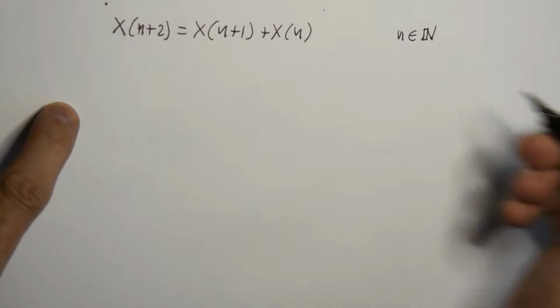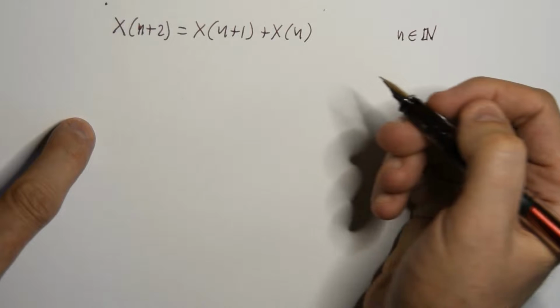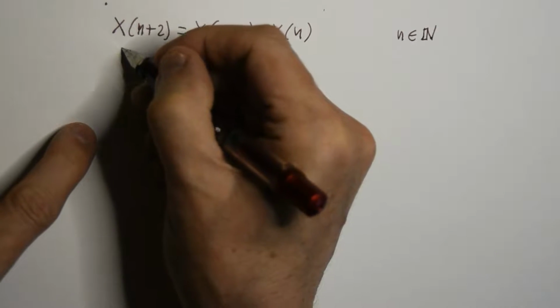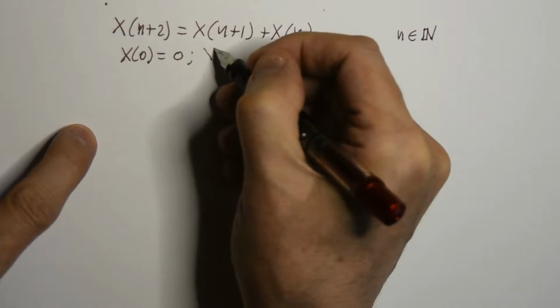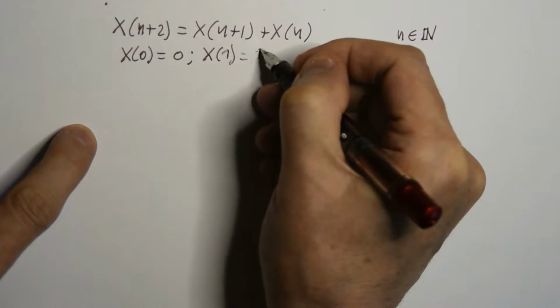Let's fill out some examples based on a few initial conditions. So let's assume that x0 equals 0 and x1 equals 1.